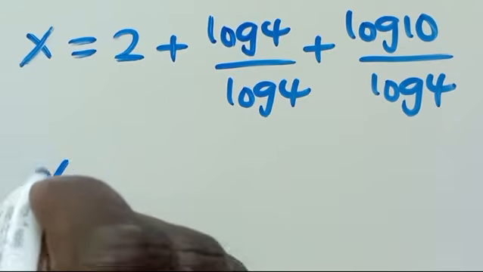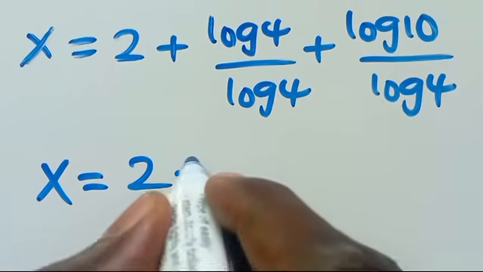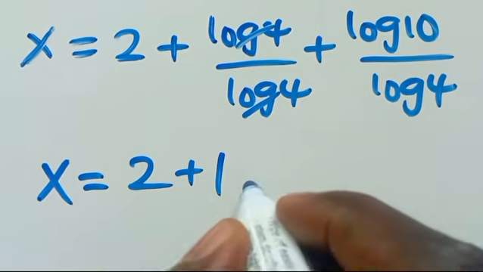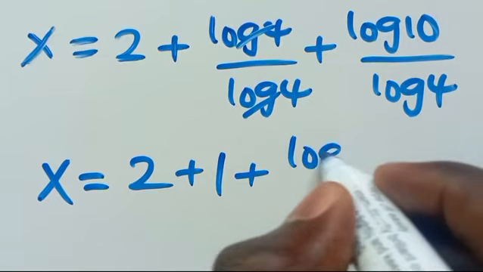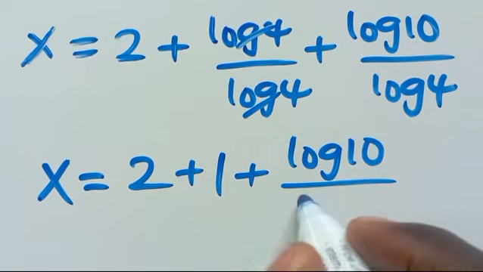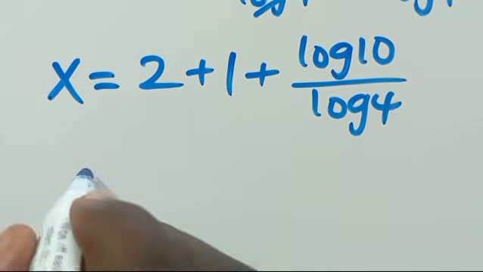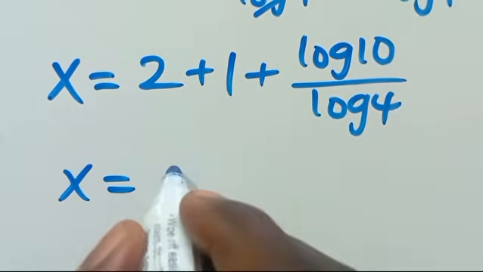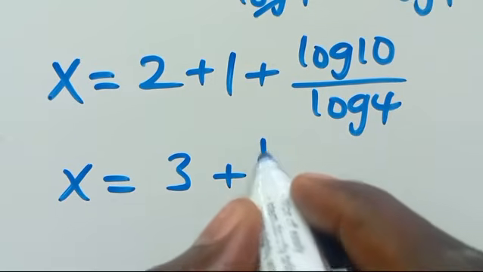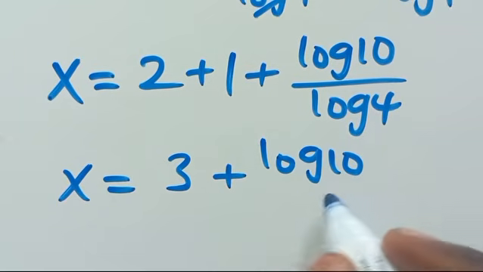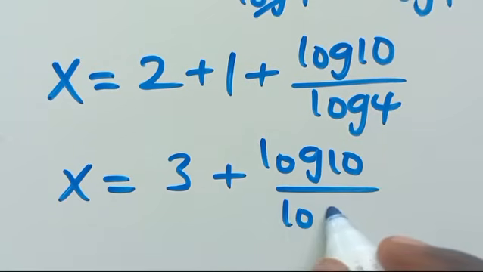So we have x equals 2, this divided by this will be 1, plus log 10 over log 4. We have x equals 2 plus 1 will give us 3 plus log 10 over log 4.